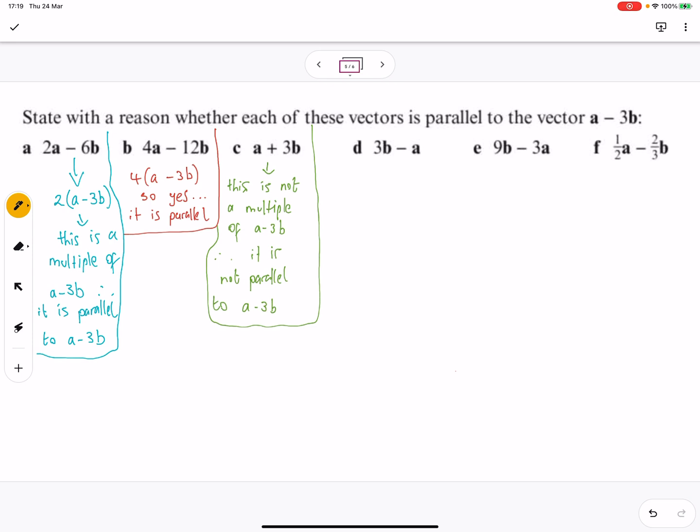Wait, let me rethink. Okay. Oh wait, it is parallel, because we know a is our line, and the direction is just the opposite, but it's still the same. So it is parallel.